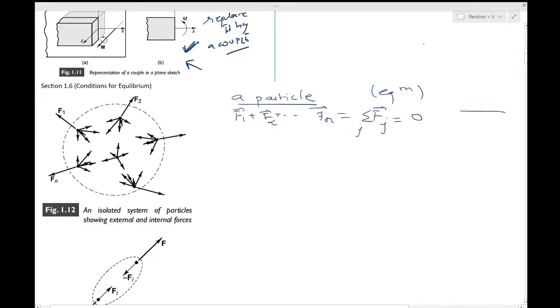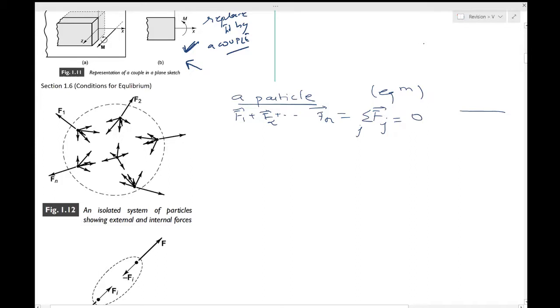For our course, we are normally interested in a whole system, and that we can see in terms of an isolated system of particles.